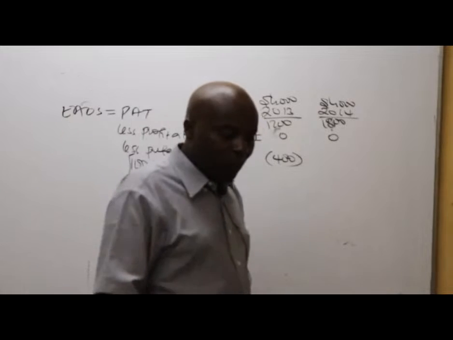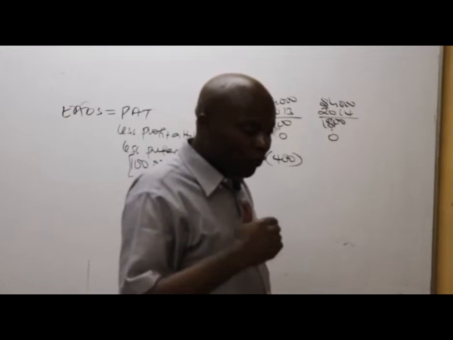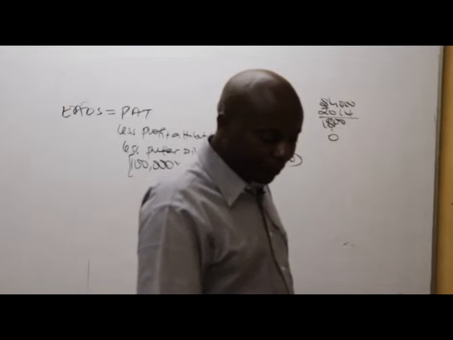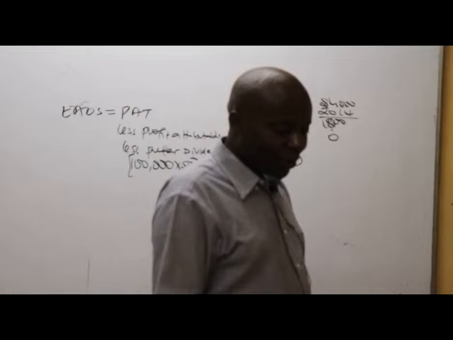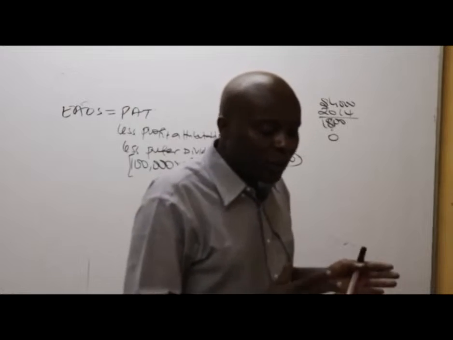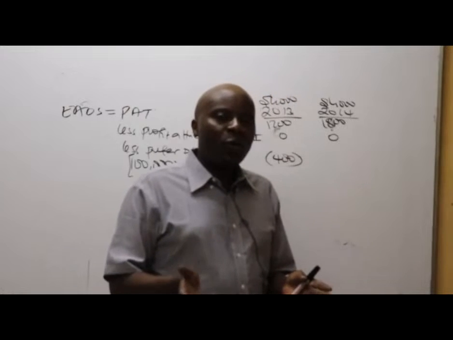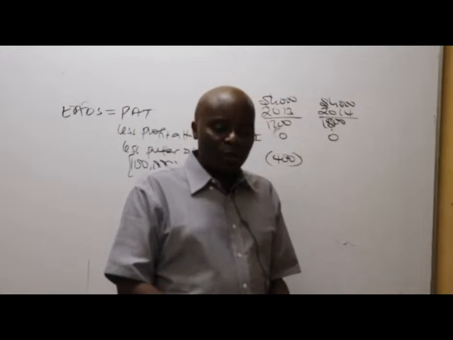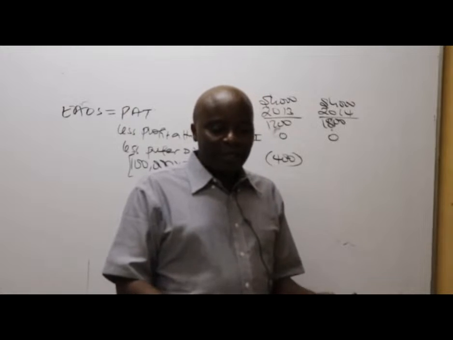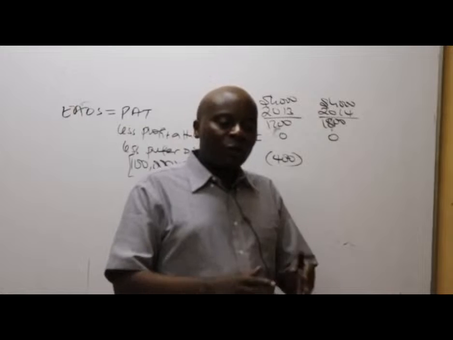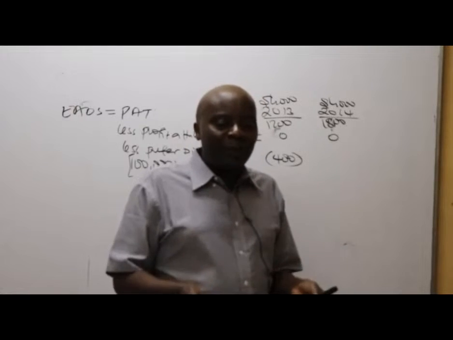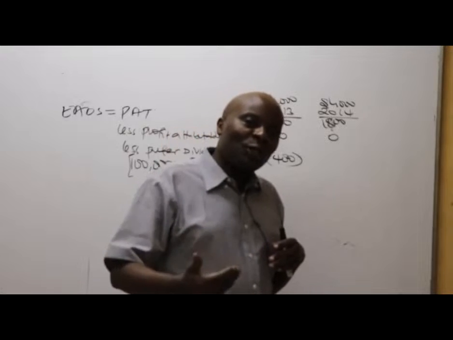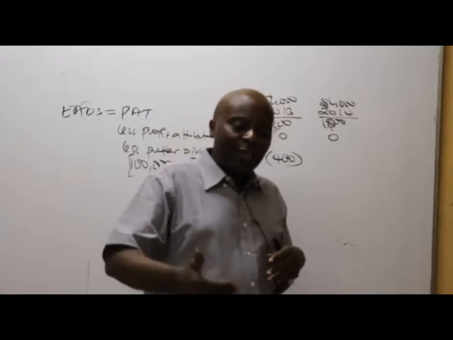Those issues of convertible will affect us at what stage? Not unless you're told they converted, because the only thing that converted, if you remember, were debentures in the last note. If they are not converted within the period, then that's a potential dilutive financial instrument.